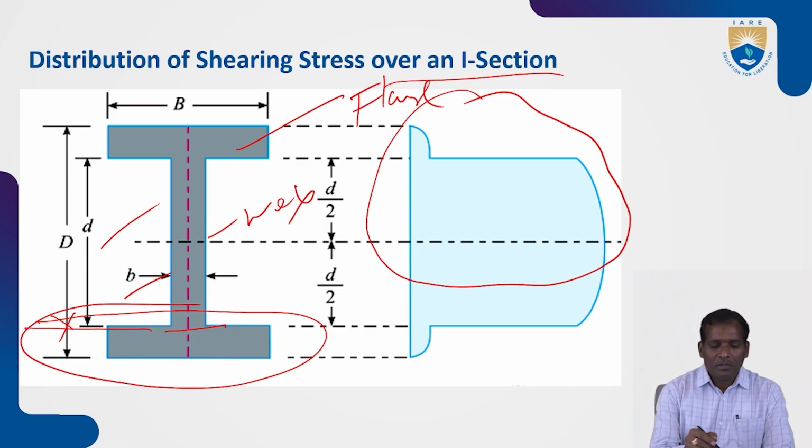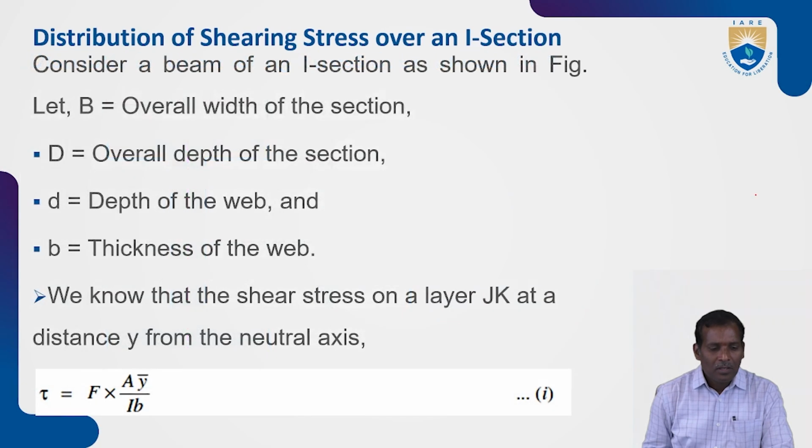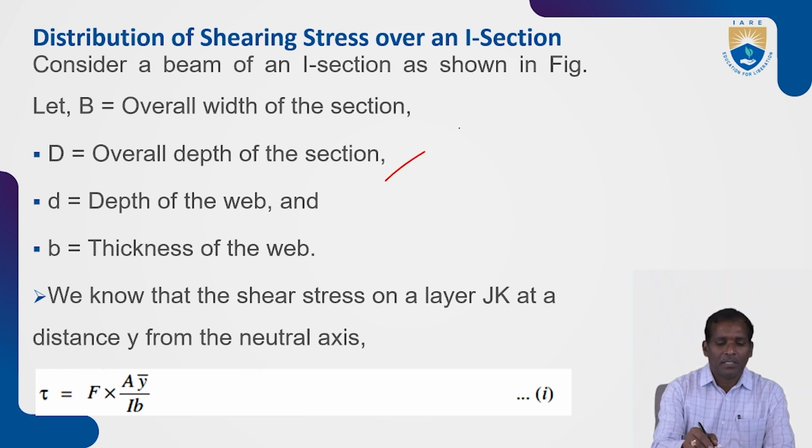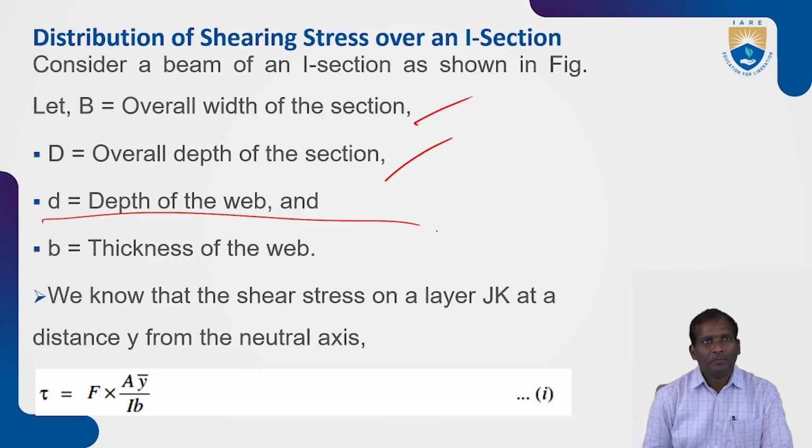This one is the neutral axis. B is the overall width of the section, capital D is the overall depth of the section, small d is the depth of the web, and small b is the thickness of the web.